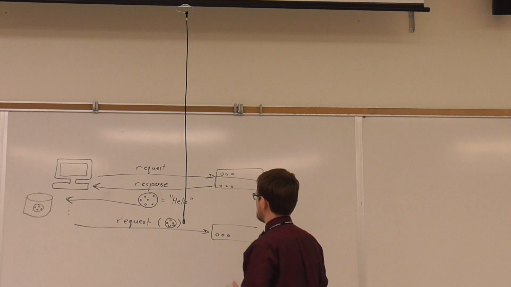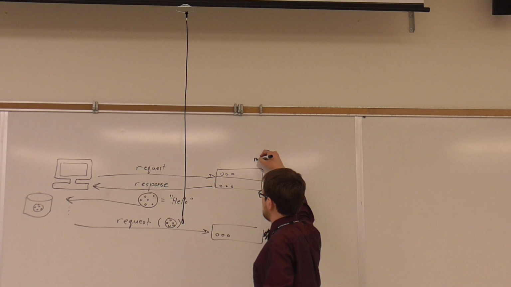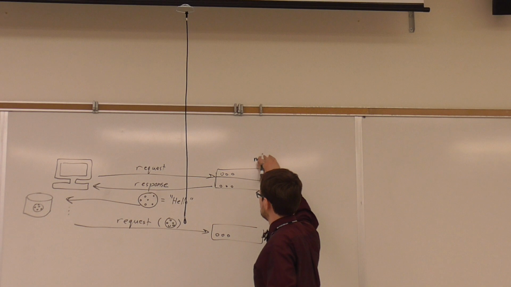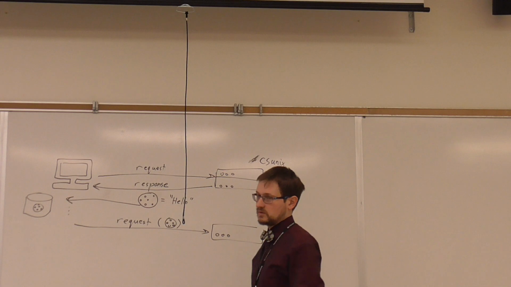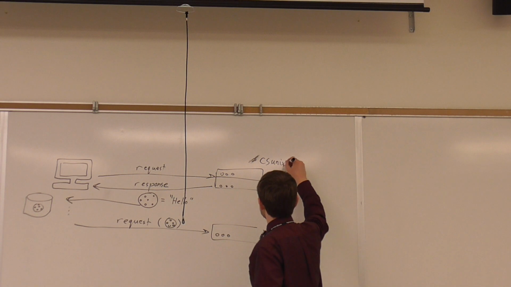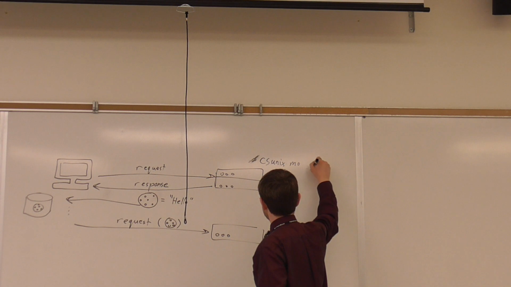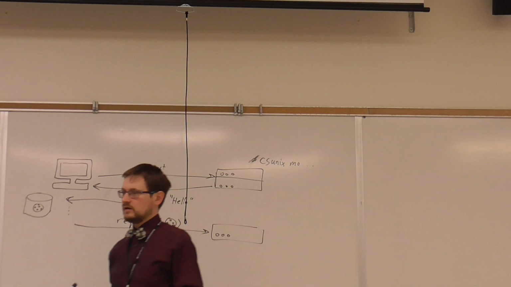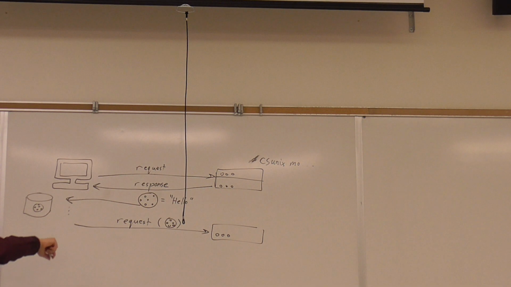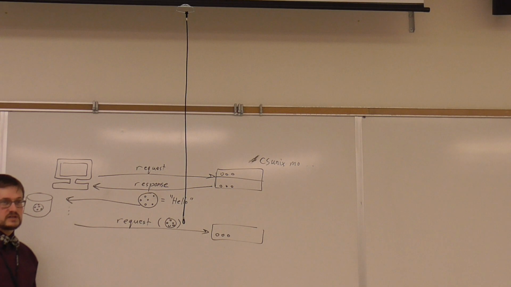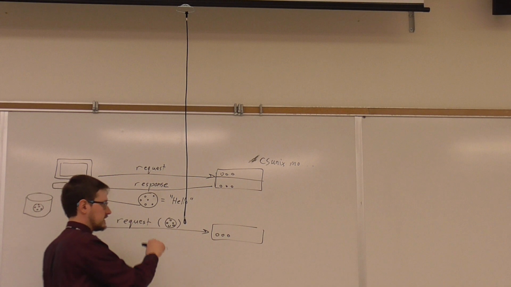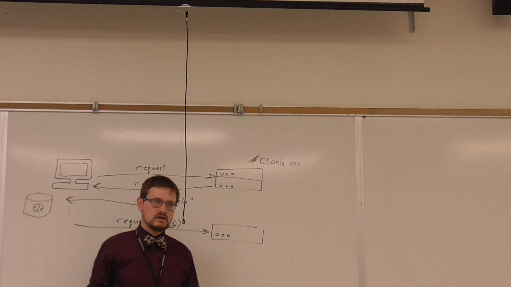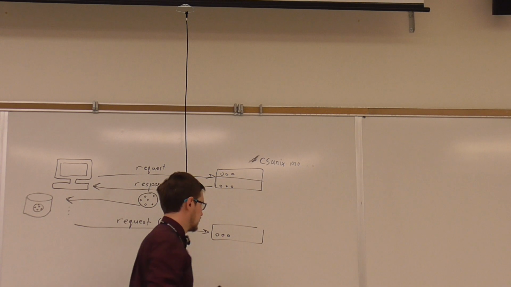So, for example, this server might be CS Unix, for example, .mohawk, etc. The client looks up all of the cookies it has for csunix.mohawkcollege.ca, sends those automatically with the request packet.